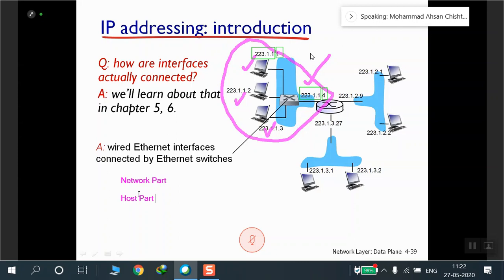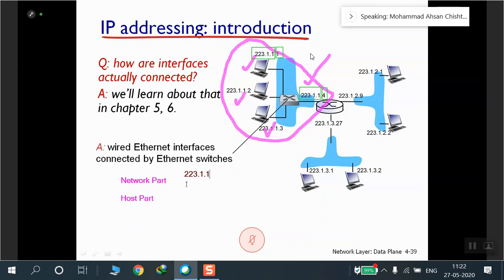An IP address is technically associated with an interface, and the network part determines what network this host, whether it's a router, a desktop or a laptop, is connected to. In this example, which would vary from network to network, the address is 223.1.1.xxx.